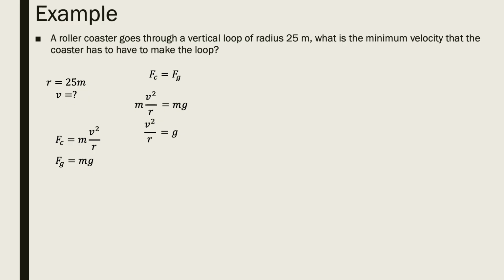So I'd multiply both sides by r, and then to get rid of the squared, take the square root of both sides. At this point, substitute our values in, and we find that the minimum velocity for the coaster at the top of the loop would be 16 meters per second.